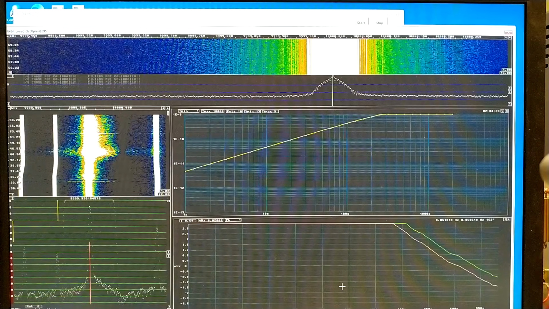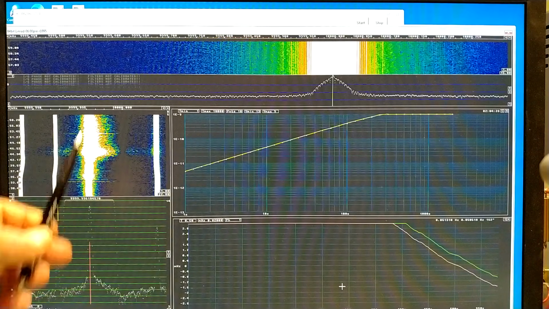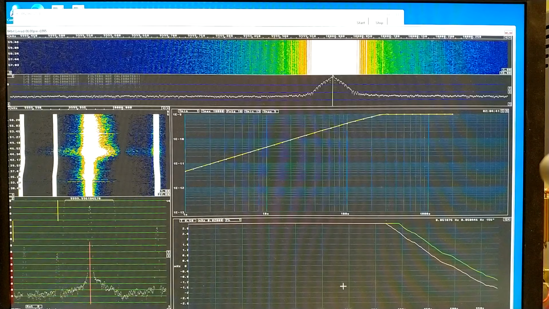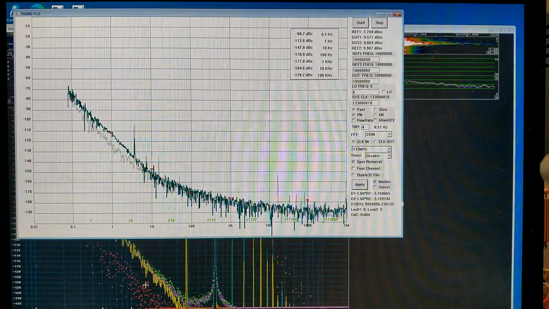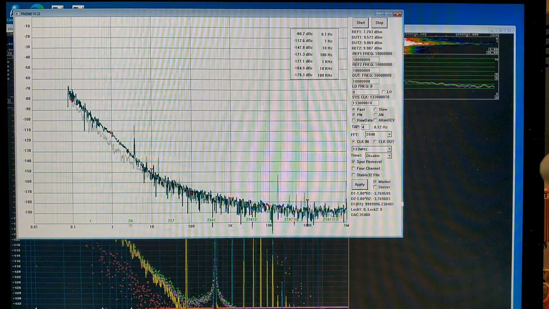It is interesting to see that the noise seems to decrease with time as the unit comes into equilibrium with this new situation. I will leave it running for a while. The noise at 1 Hertz offset is very strong now.